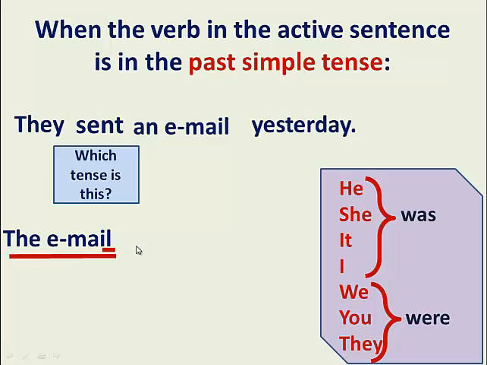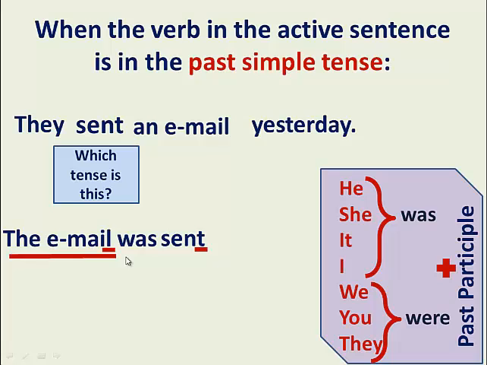The email was. And then the past participle of the verb send, which happens to be the same as the simple past tense. Okay, so the email was sent yesterday.